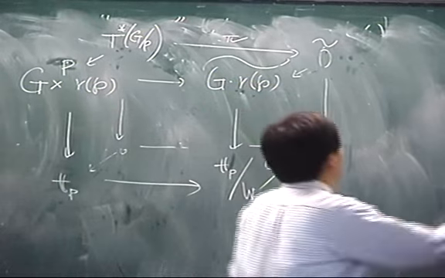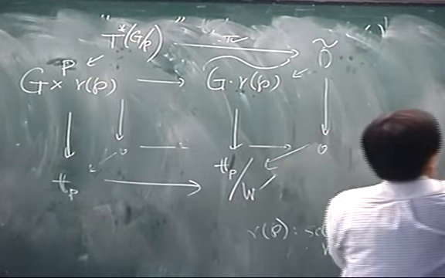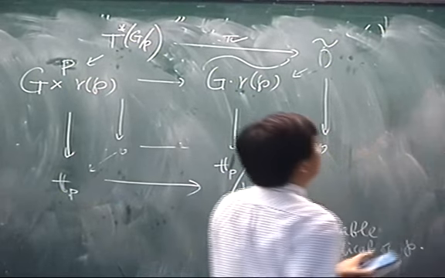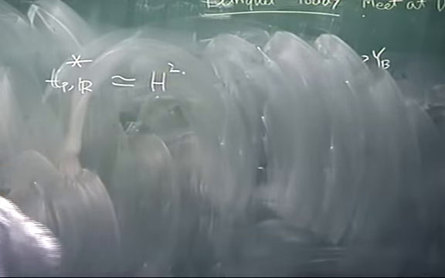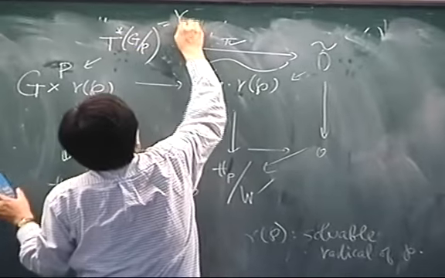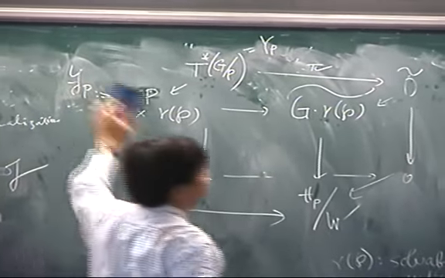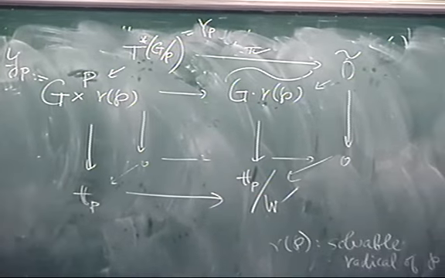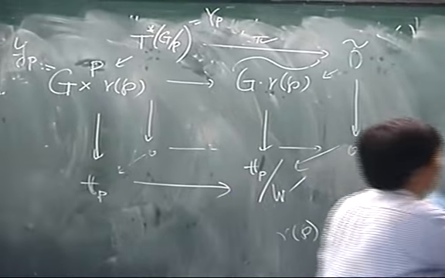Okay, but here TP also has a real structure, and take its dual space, then it is identified with this. We call this YP, big YP. Then W prime acts on this space.